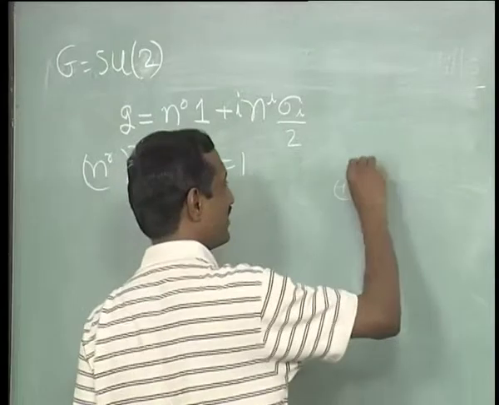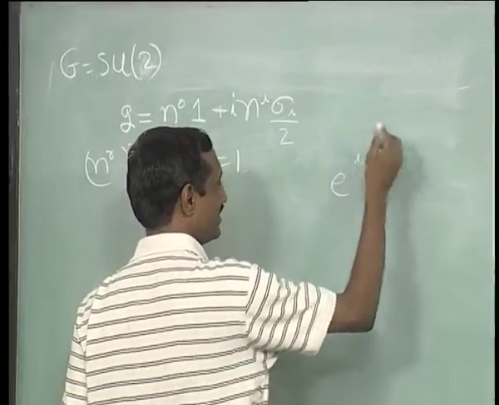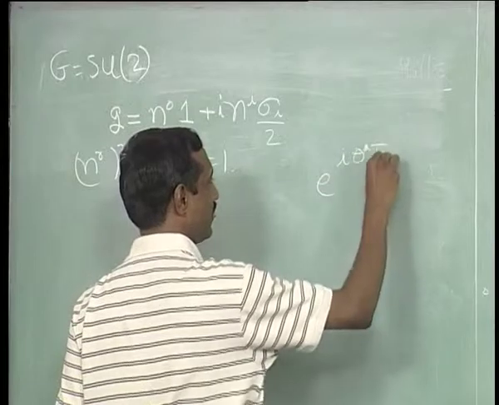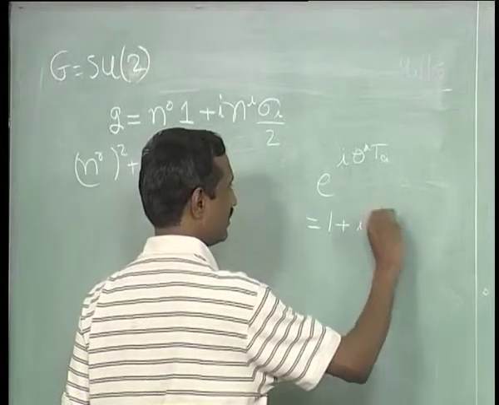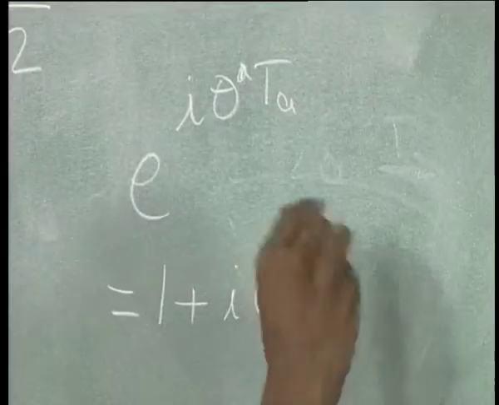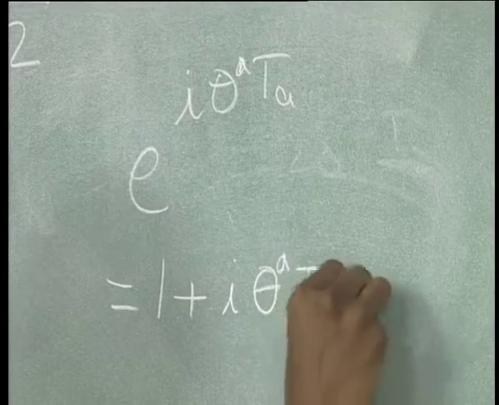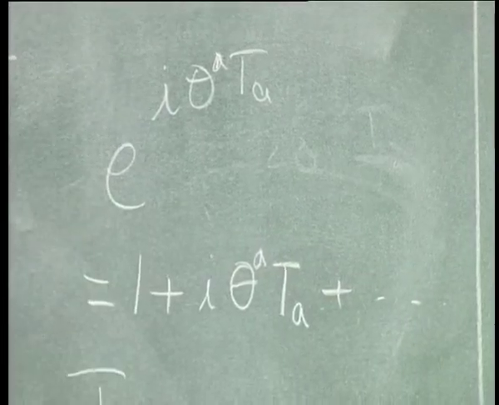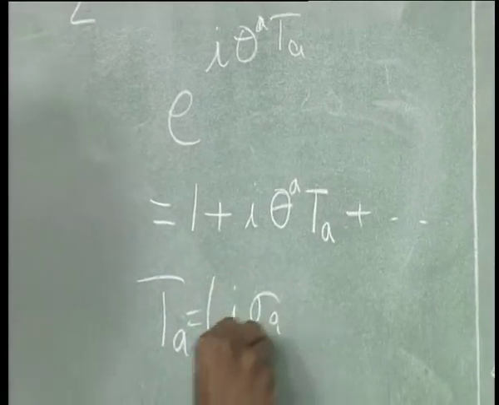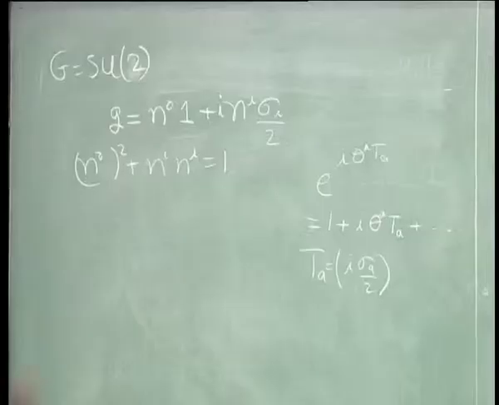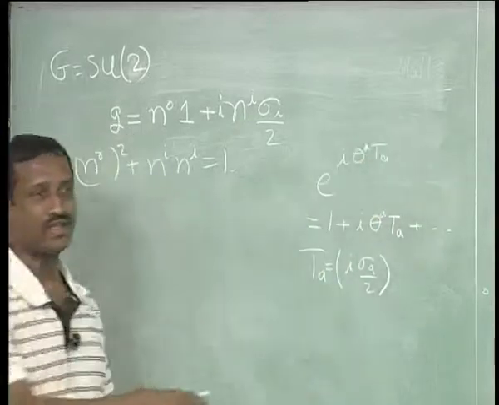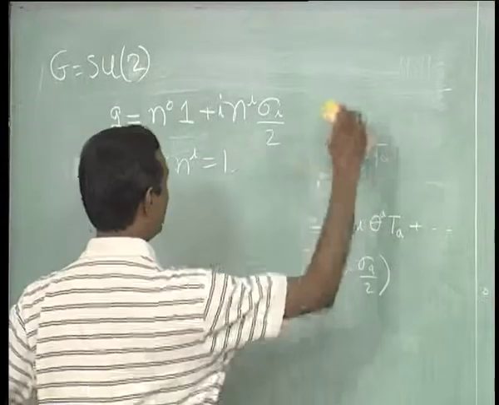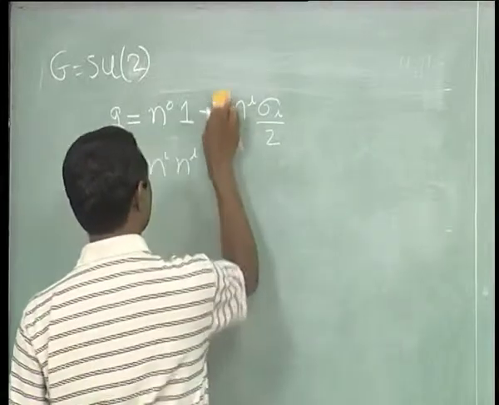I just look at e to the i theta a T a and expand it, so we get 1 plus i theta a T a, where T a should be sigma a by 2 times i. So there is no i here either, because T a has an i, and so that goes off.